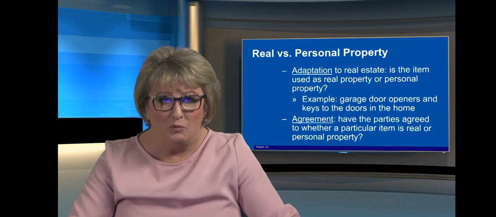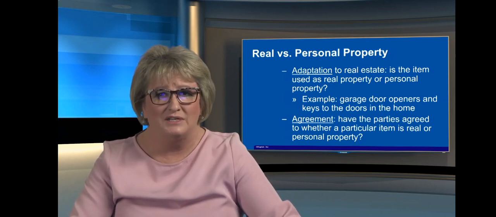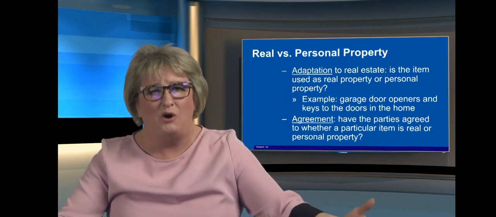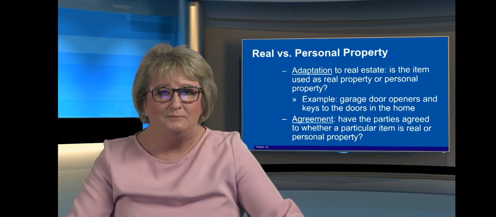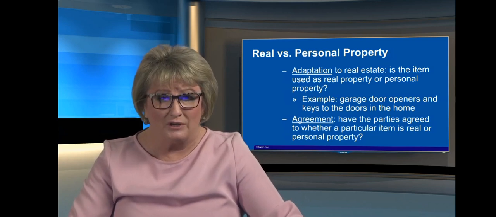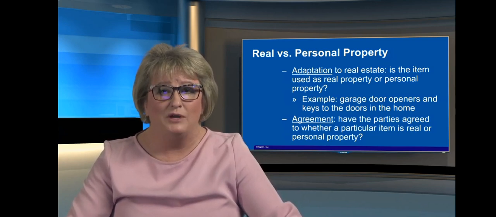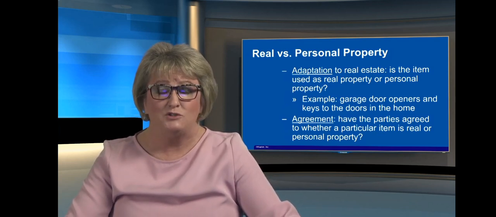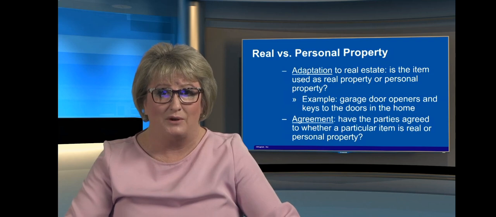An example would be garage door openers and keys to the doors in the home. They would transfer with the real property and would be a part of the real property. And then, most importantly, would be the agreement. Have the parties agreed to whether a particular item is real or personal property?